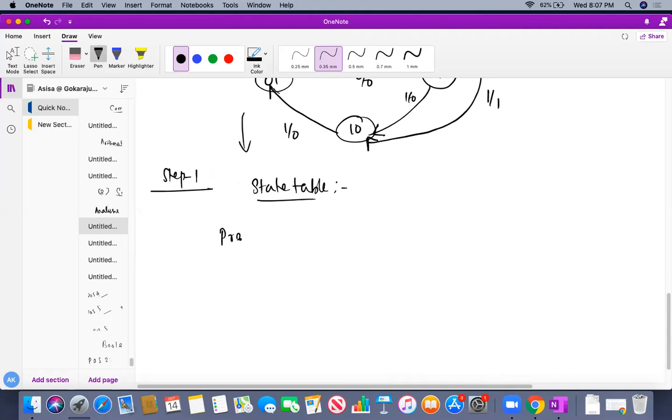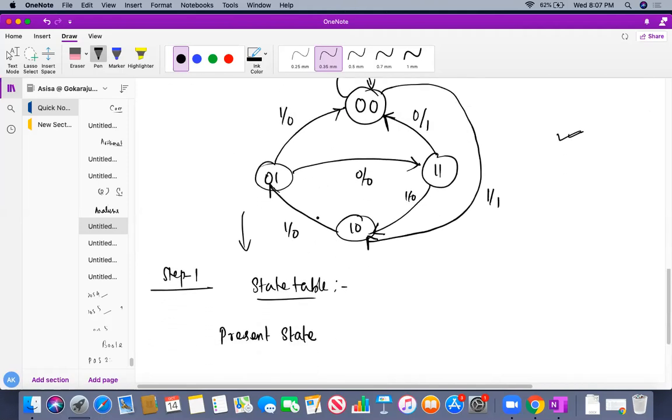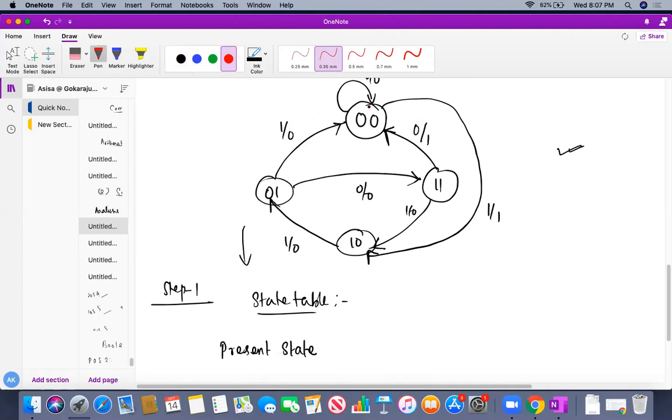Present state. We'll discuss all these things, don't worry. So obviously, what are the present states here? You can say the states are 00, 11, 10, and 01. So these are the states.